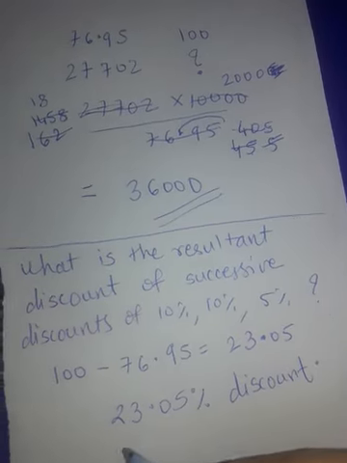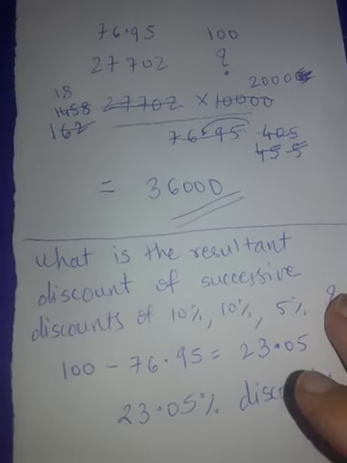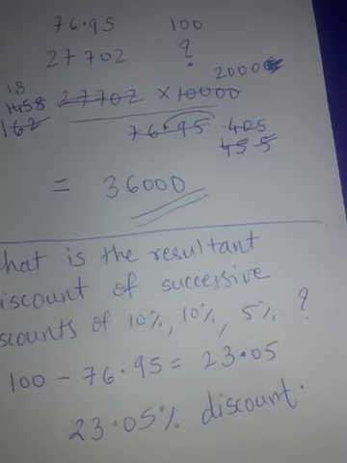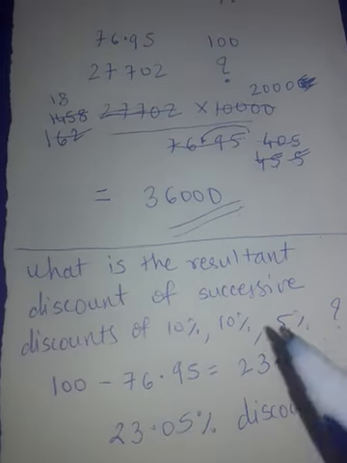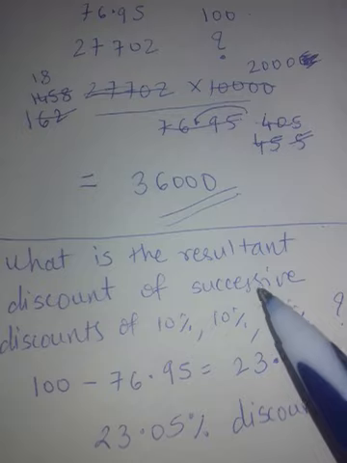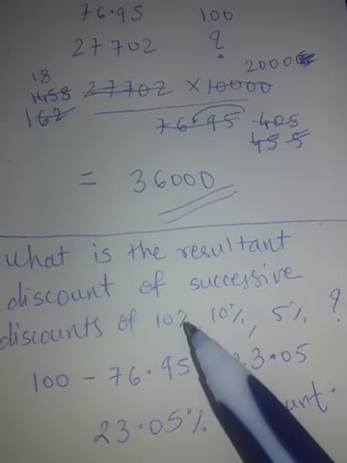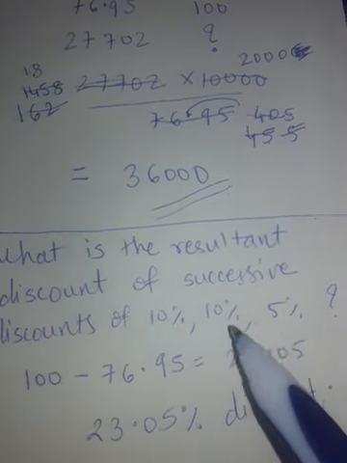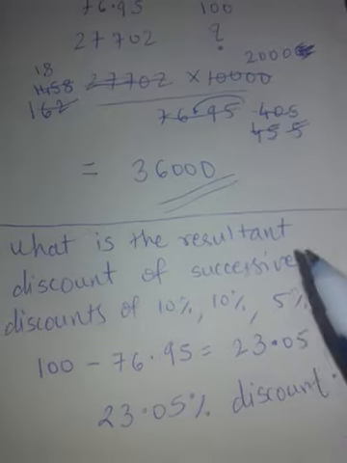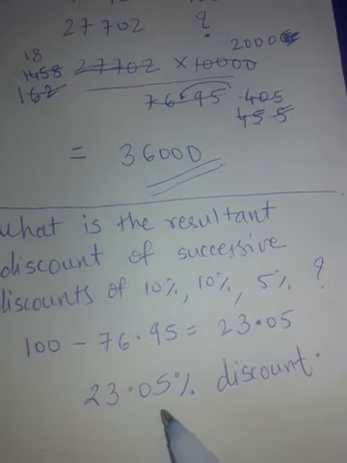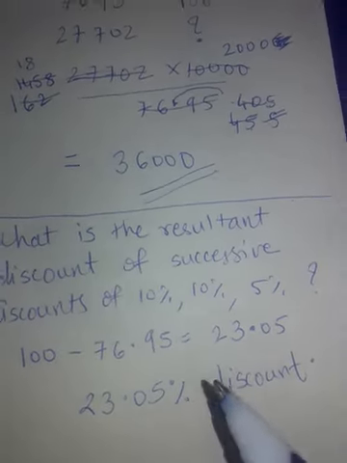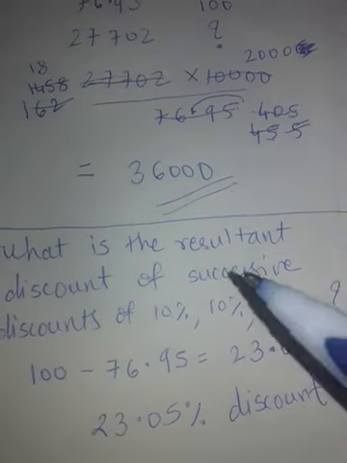So the resultant discount is 23.05. See, that's what I was telling you sometime before, that with 10%, 10% and 5%, if you take the sum and say the resultant discount is 25%, you will be wrong, because the resultant discount is 23.05%.